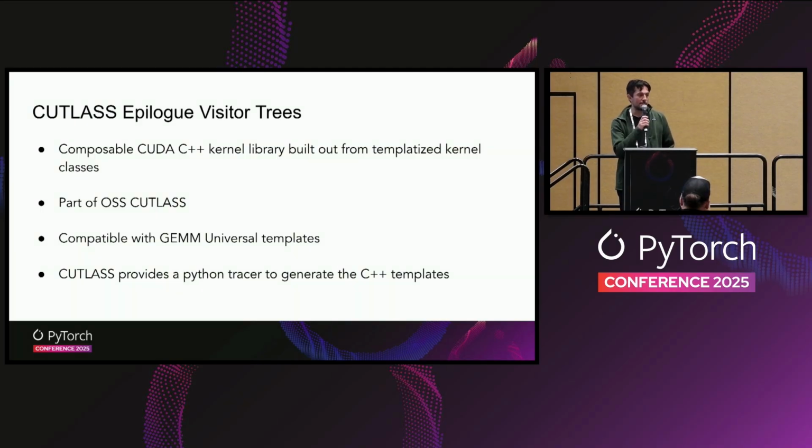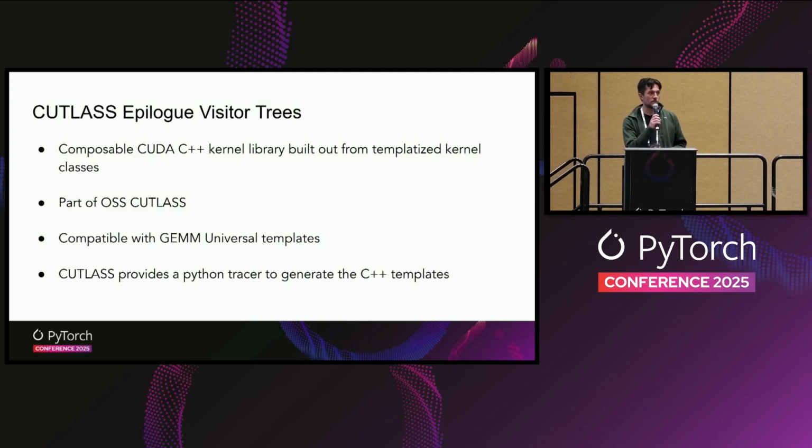They're built out of templatized kernel classes, which are really similar to the GEMM universal templates that CUTLASS already provides. They provide the extensibility to change all of the different kernel metaparameters via template types on the class itself. This allows you to auto-tune the Epilogue similarly to the way you'd auto-tune the GEMM.